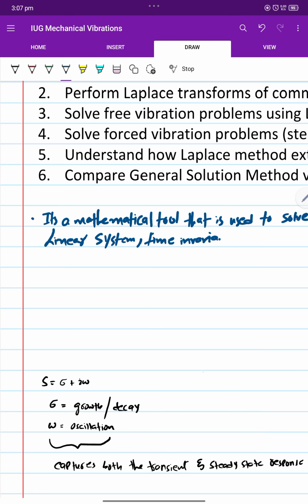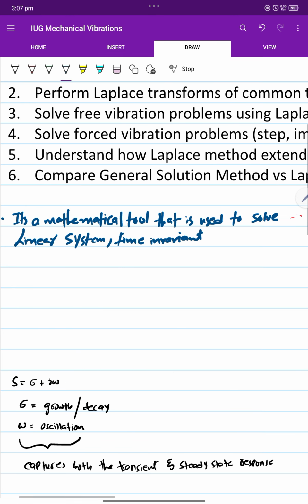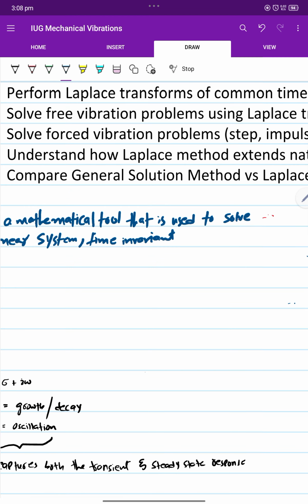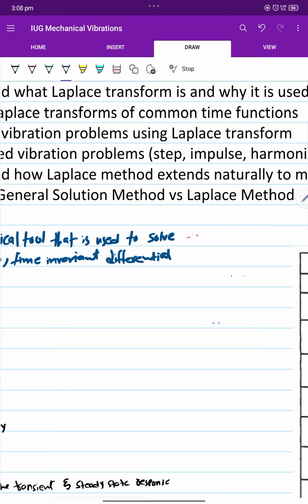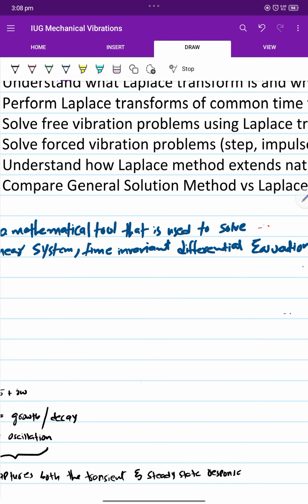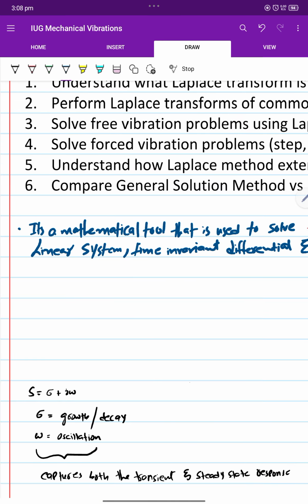We have discussed in detail what these are. What does it mean by a linear system? What does it mean by time invariant systems? You can say time invariant differential equations. So this is the main part. Although we can solve non-linear systems as well, we have to convert that non-linear system into a linear system, and then we can apply the Laplace transformation on that.